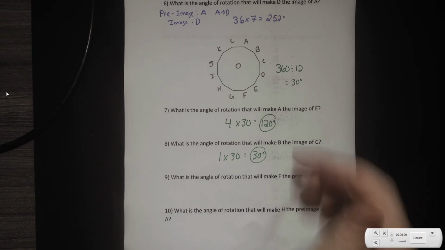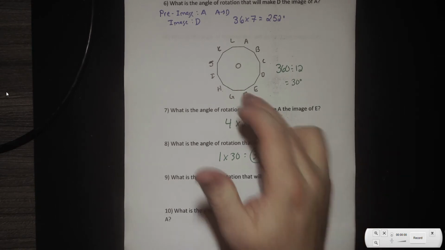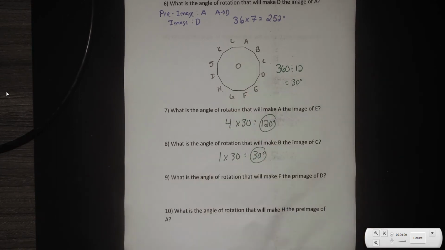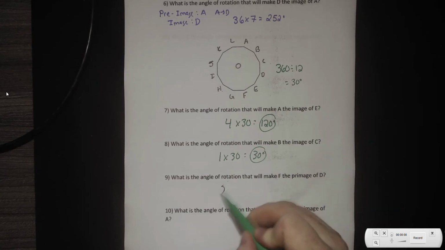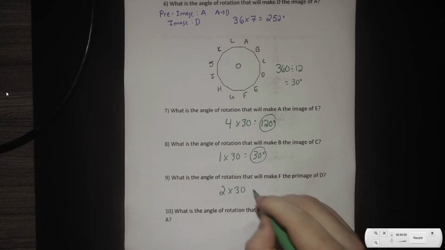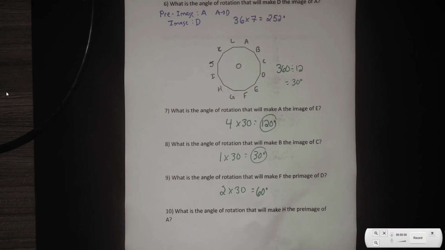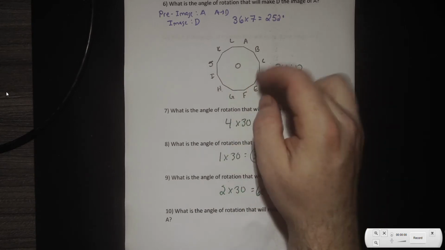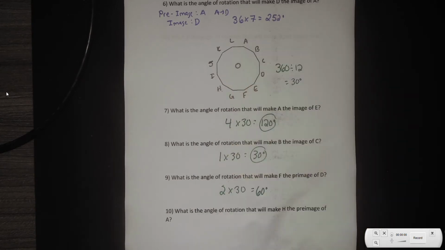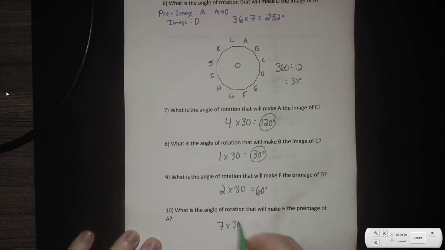Once again, in this case, we're going F to D. So 1, 2. What is the angle of rotation that makes H the preimage of A? H is the preimage, so we're starting from H and going to A. 1, 2, 3, 4, 5, 6, 7. So 7 times 30 gives me 210.